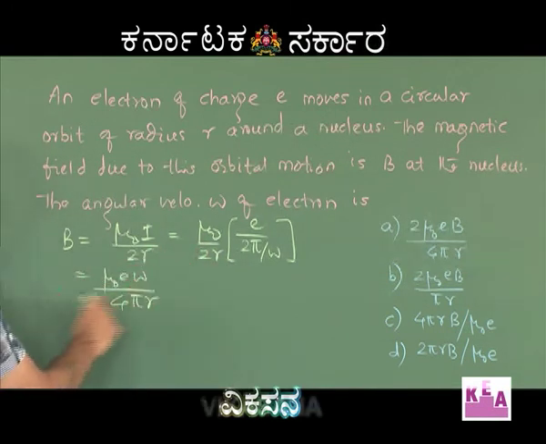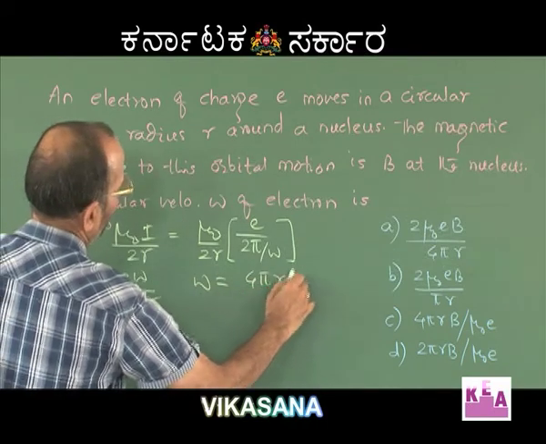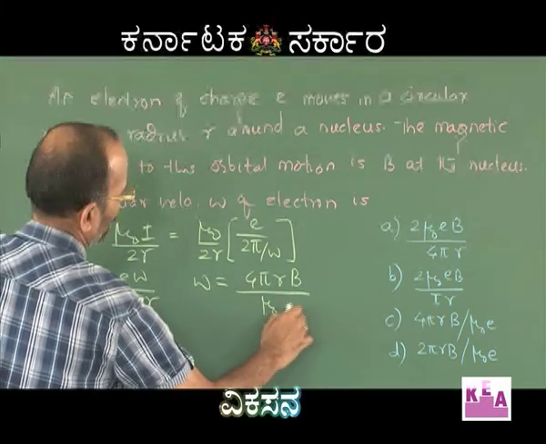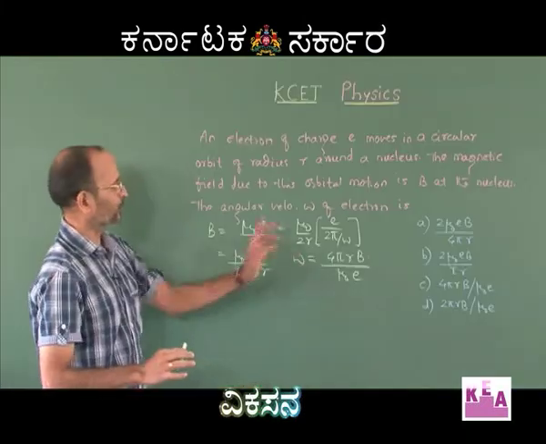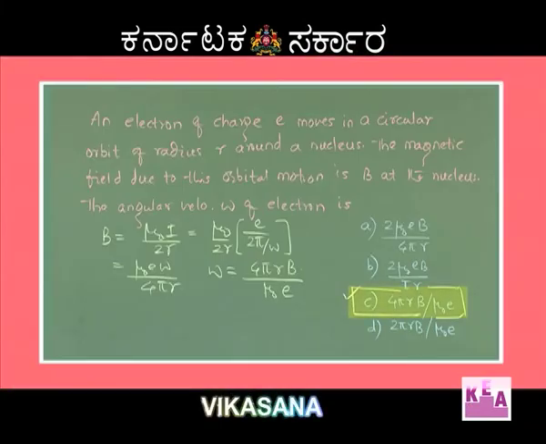So, this is B. Now, if you want omega, omega would be 4 pi r B divided by mu naught into E. So, that would be the angular velocity with which the electron is going round, and that makes our C option perfectly correct. So, C is the right option.